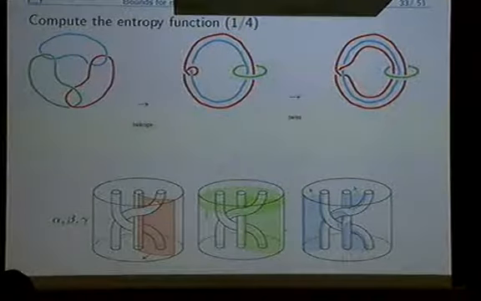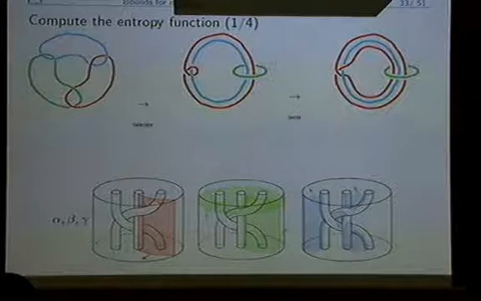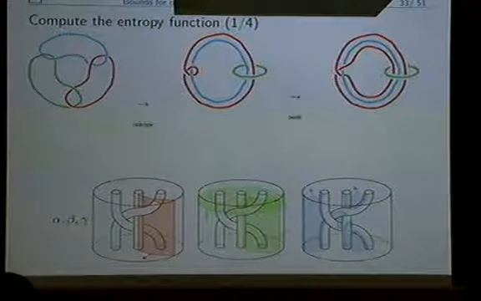And so these are different links, but these two have the same complement. And this is a surface bundle like this. And we want to write this alpha and beta and gamma in here, and it's a complicated picture.